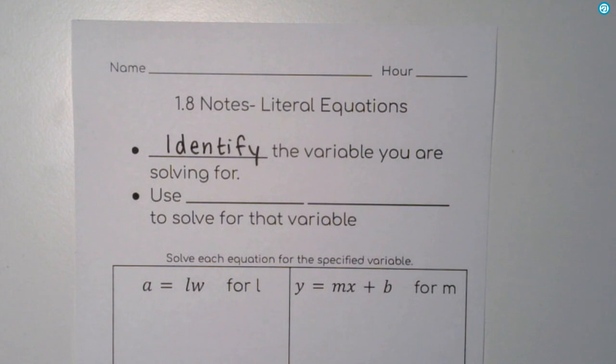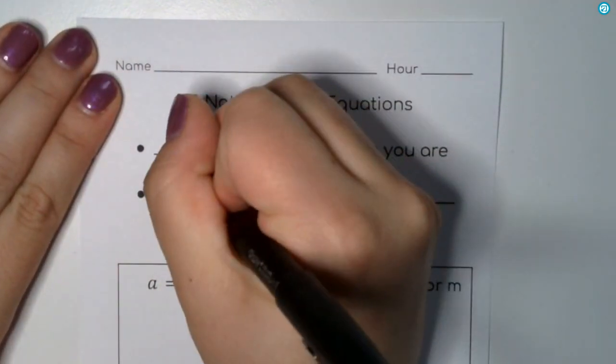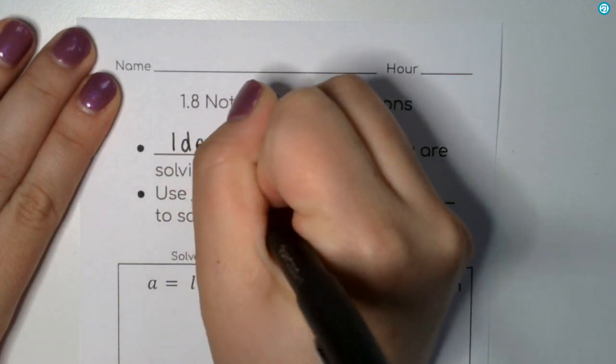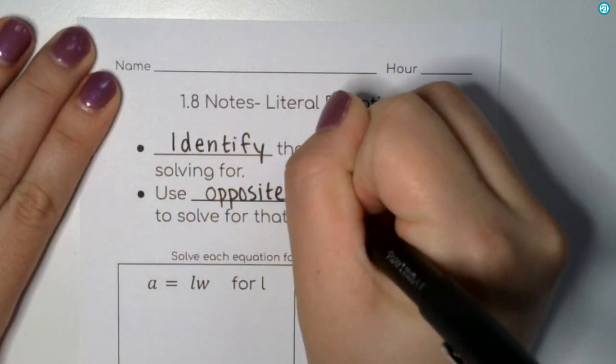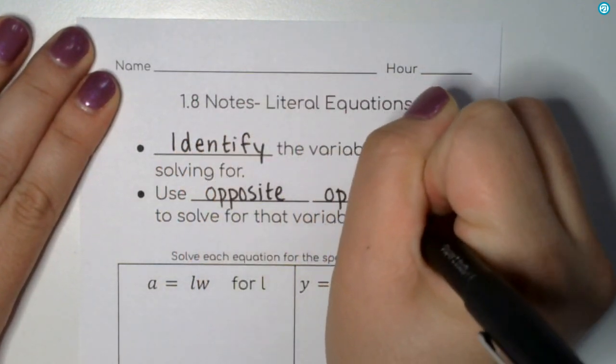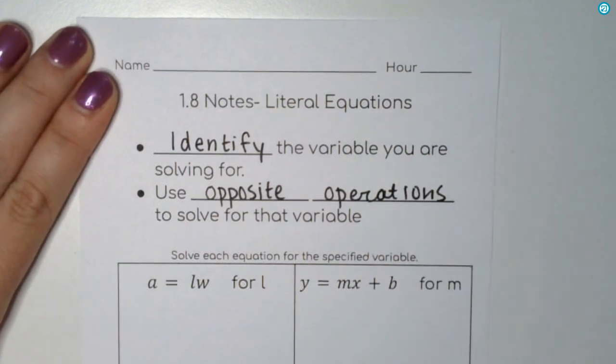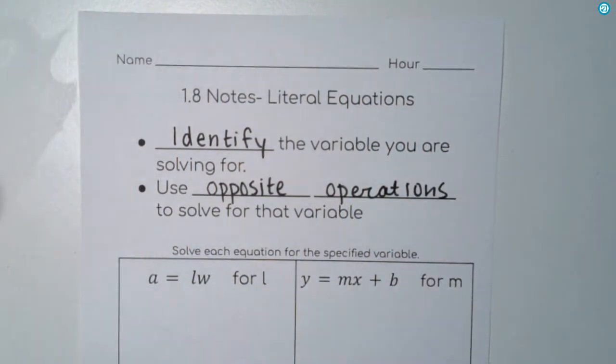Once we identify that variable, we still use opposite operations to get it by itself. So really all we're doing is keeping all of the same letters and just rearranging them to pick which one that we want solved for.